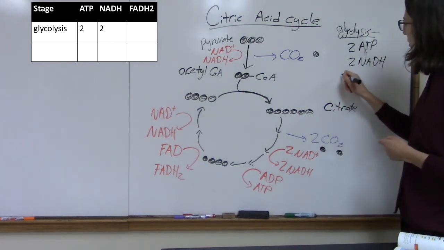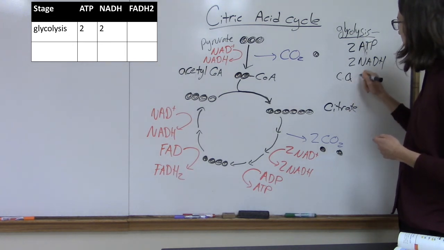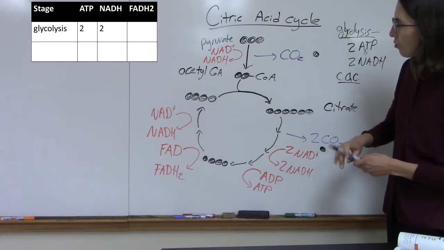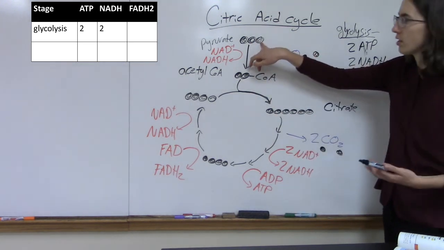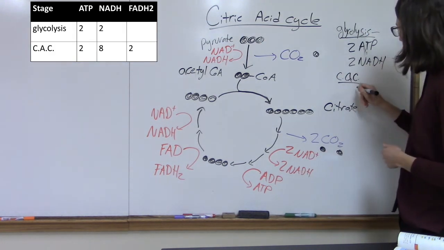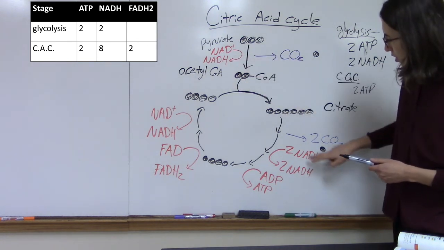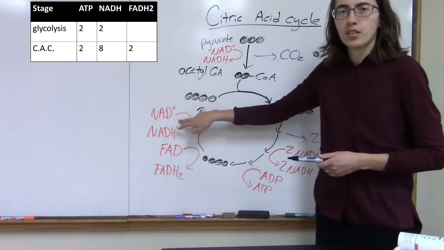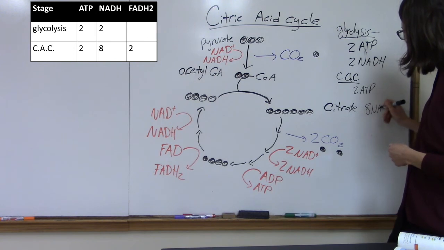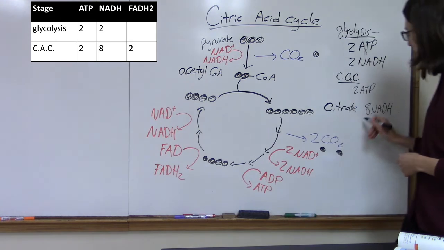During the citric acid cycle, CAC, we've made, okay, remember this is for 1 pyruvate, so all of these numbers get multiplied by 2. We've made 2 ATPs. We've also made 4 times 2, which is 8 NADHs. And we've made 2 FADH2s.